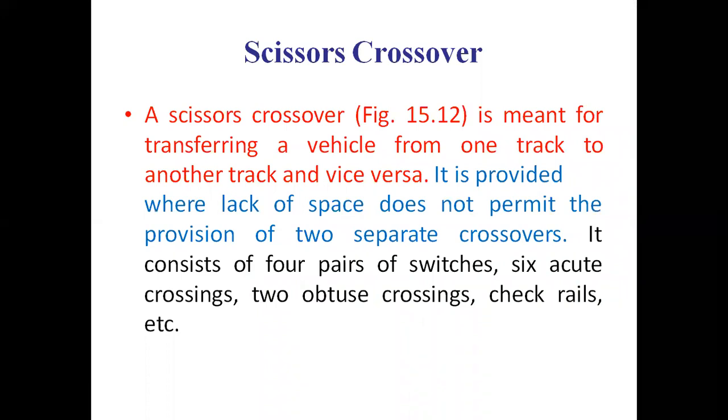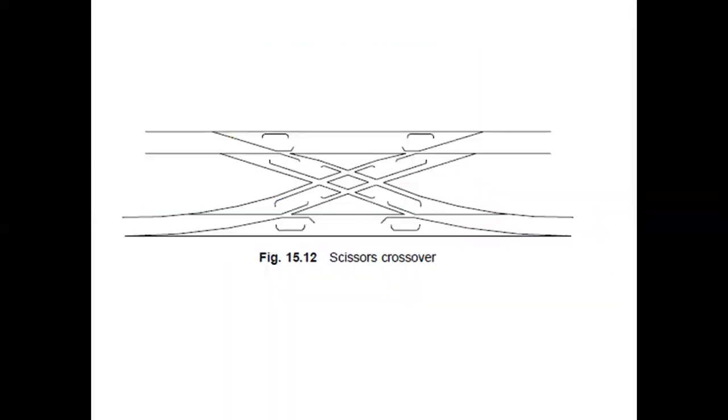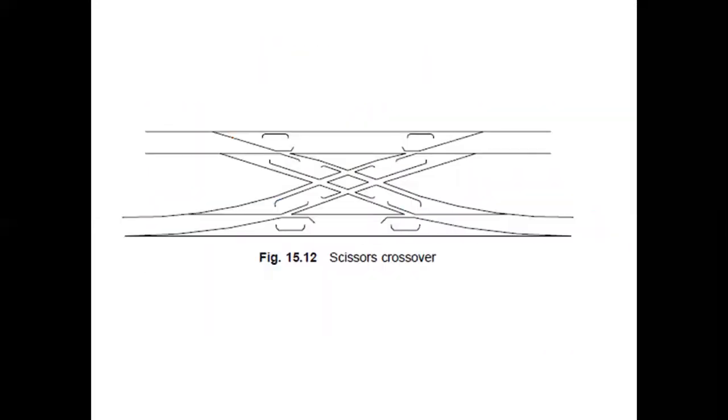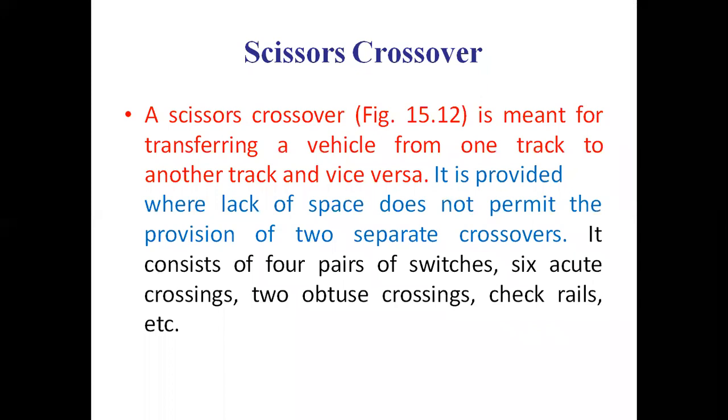And scissors crossover. A scissors crossover is meant for transferring a vehicle from one track to another track and vice versa. It is provided where lack of space does not permit the provision of two separate crossovers. It consists of four pairs of switches, two acute crossings, and two obtuse crossings and check rails, etc. In these scissors crossovers, we may observe four pairs of switches.